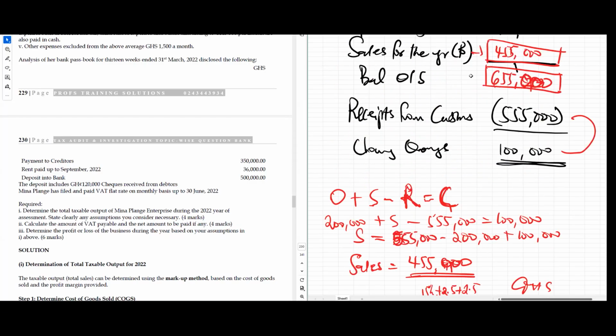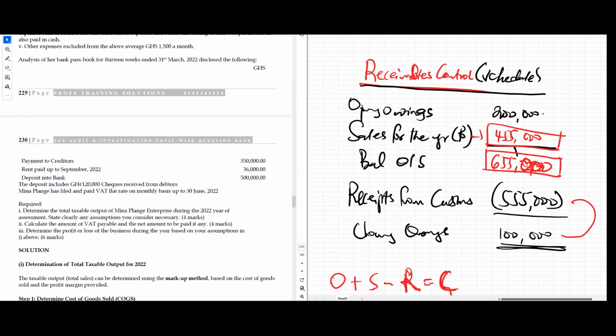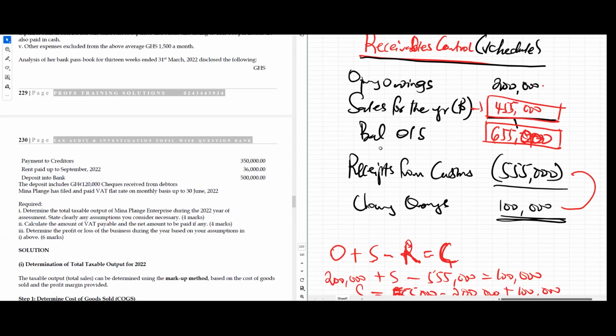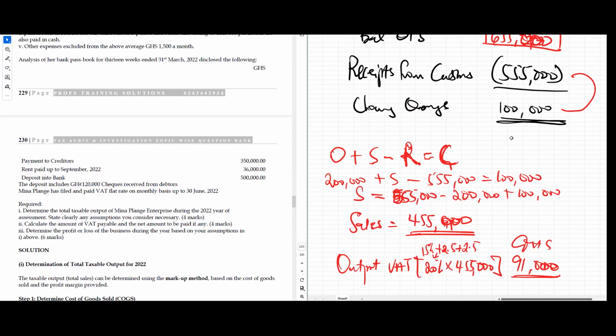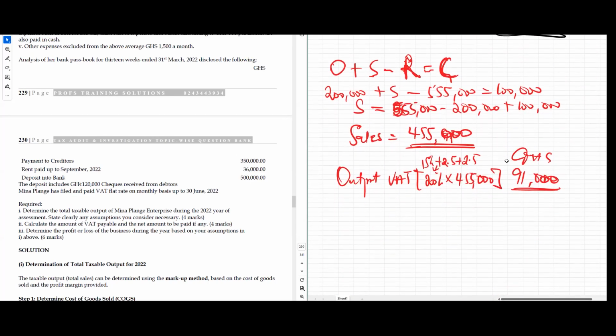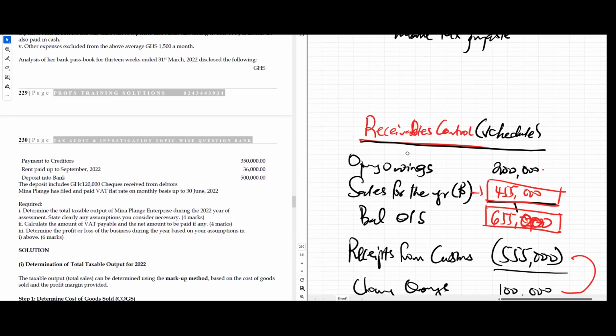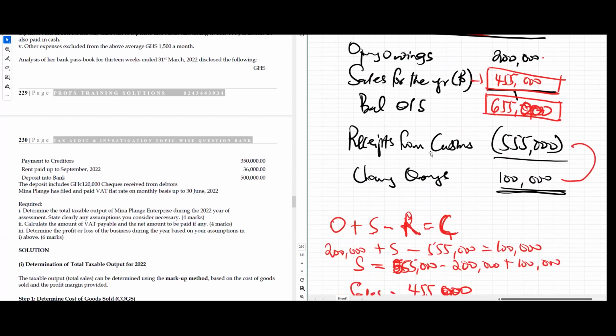You see how easy this thing is. And I'll teach you many applications, how many different types of questions have come since 2006. That question has come more than 10 times in tax audit, and still people are struggling with it. I wonder.